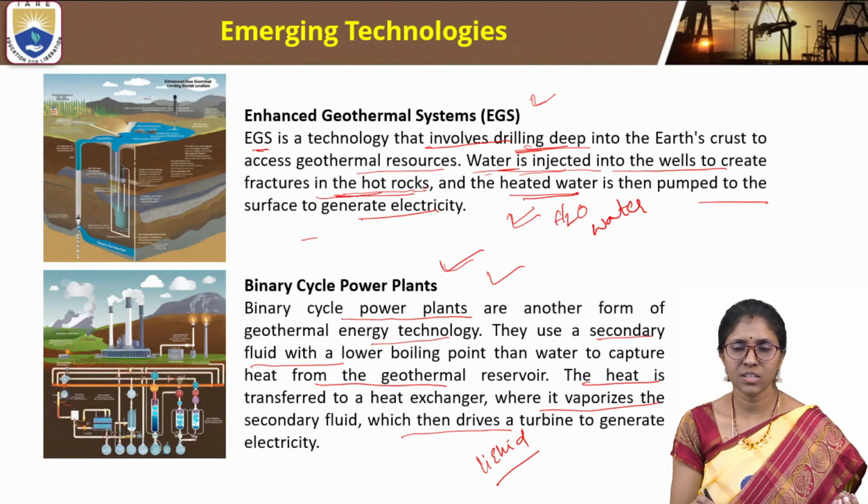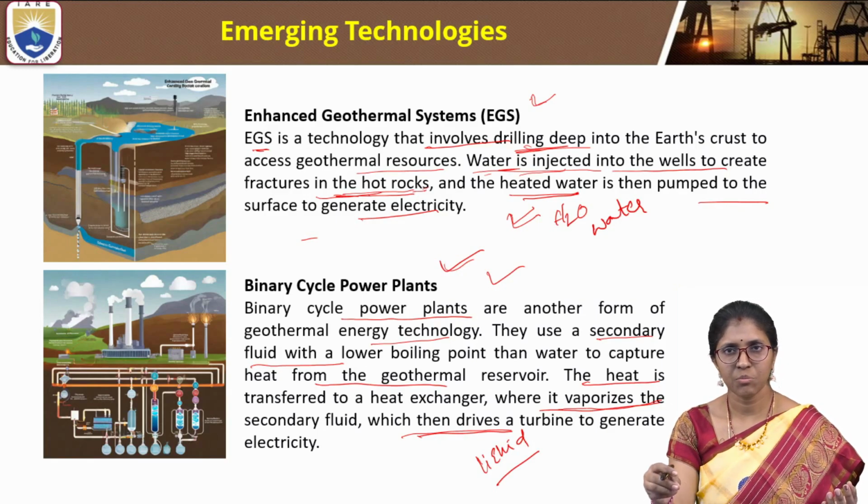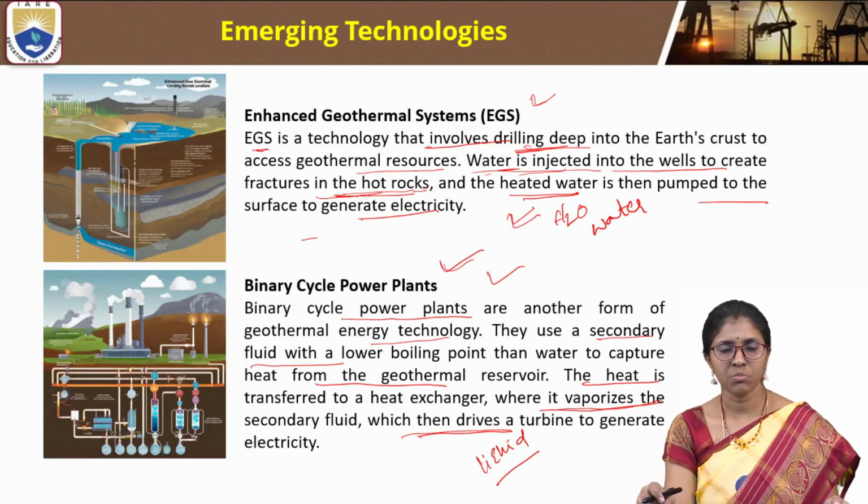As the temperature in the geothermal reservoir is high, the secondary fluid vaporizes and drives the turbine to generate electricity. So these are the emerging technologies for generating electrical energy from geothermal energy.